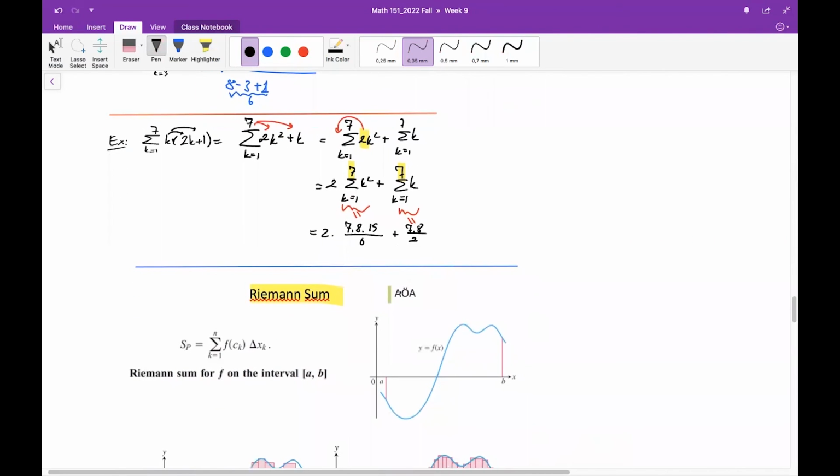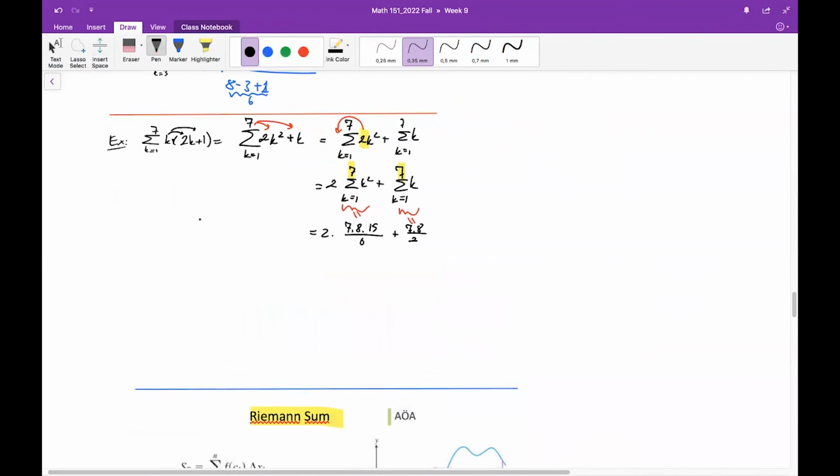Okay, here I will make a remark before continuing with Riemann sums. Remark: be careful that the sigma notation does not respect multiplication. It respects addition and subtraction, but it does not respect multiplication, which means that you cannot distribute the sigma notation over multiplication like this.